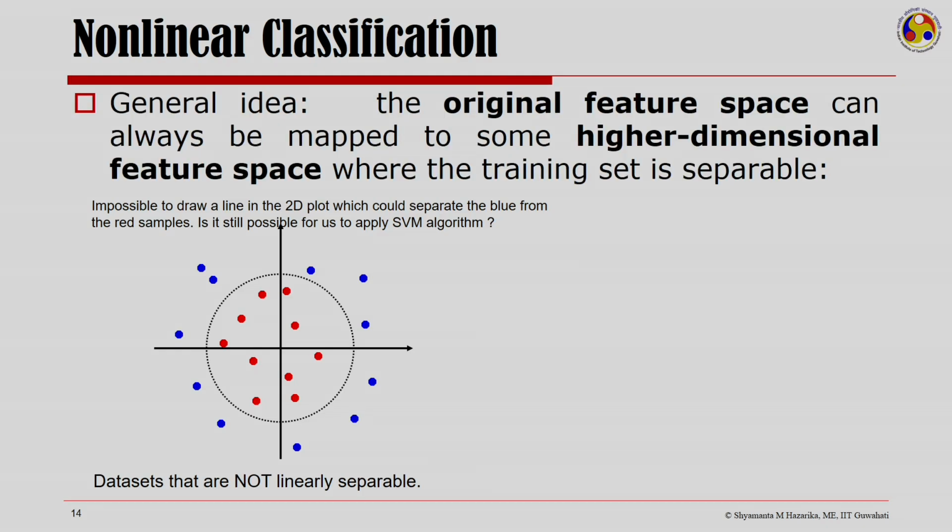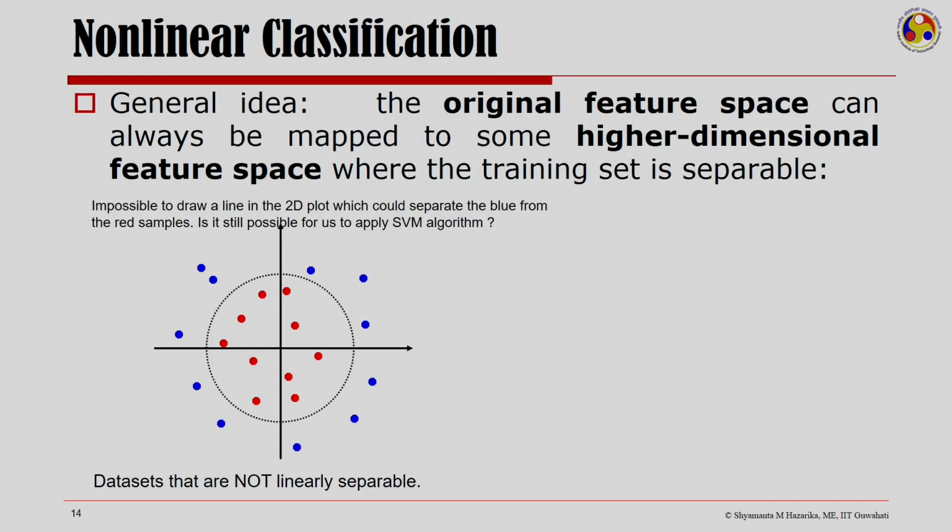The general idea here is that even if the original feature space is not linearly separable, you can always map that feature space to some higher dimensional feature space where the training set then is separable.